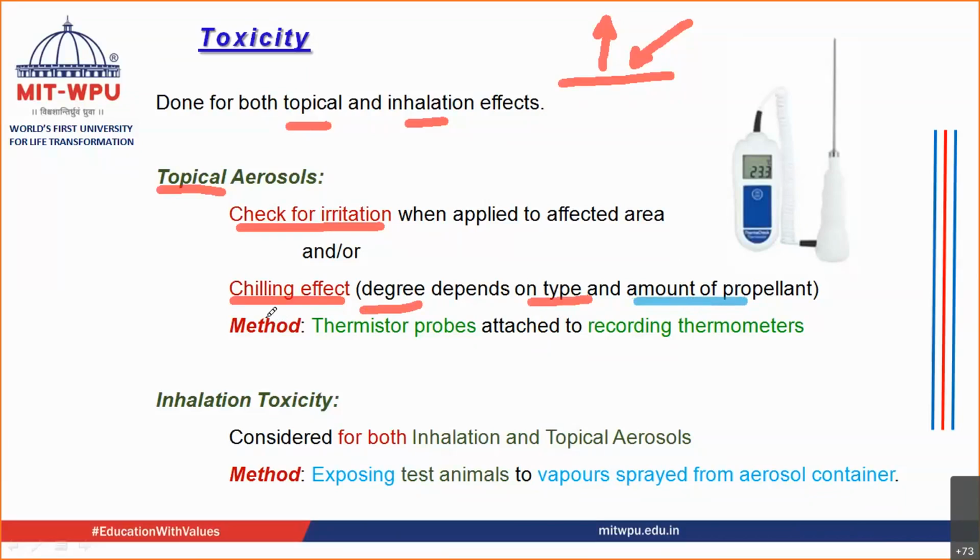So you determine the chilling effect. How do you determine the chilling effect? You determine the chilling effect with the help of the thermistor. This word thermistor we have seen during the parenteral preparations. If you remember the parenteral preparation evaluation, in pyrogen testing, we said that thermistors can be inserted into the rectum of your rabbits, isn't it?